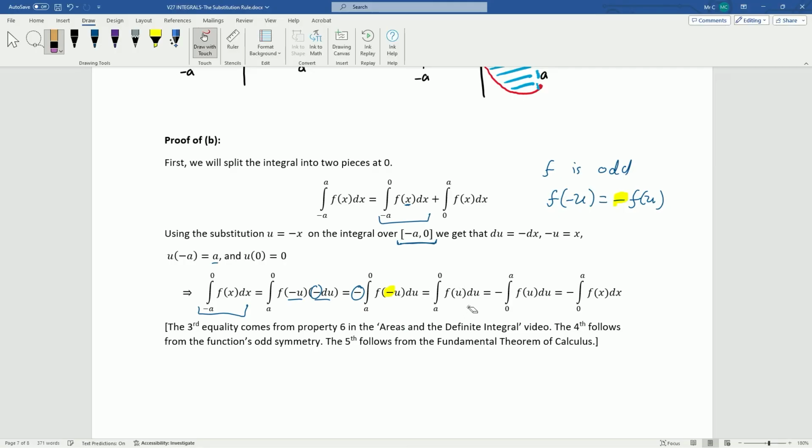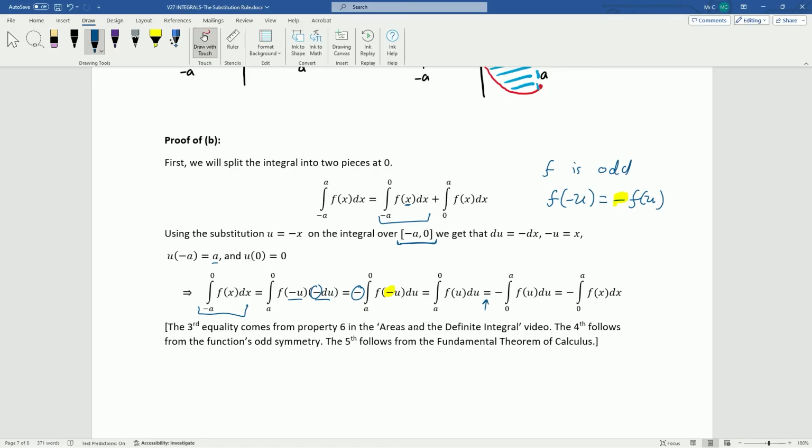That's why we end up with a strictly positive expression here. Now this is a property discussed in the areas and definite integral video, which is that when you flip the bounds of an integral, it gives you the negative integral.